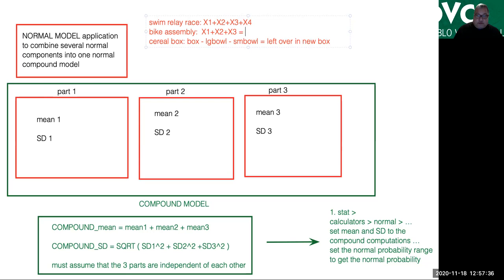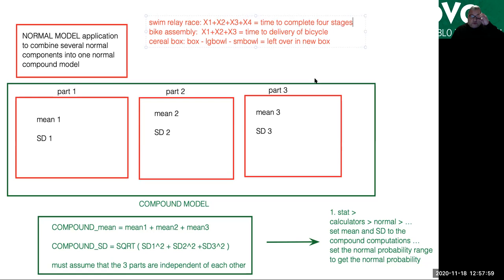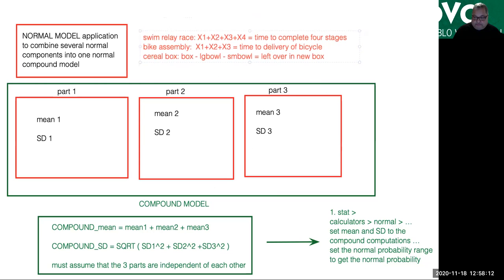The bike assembly problem is called time to delivery of bicycle to a customer. And the swim relay race is the time to complete the 4 stages of the race. So the first 2 were additions, and the third one was a trickier one because it involved subtraction. I'm going to let you try these problems and contact me if you have any questions about how to complete them over the next few days.